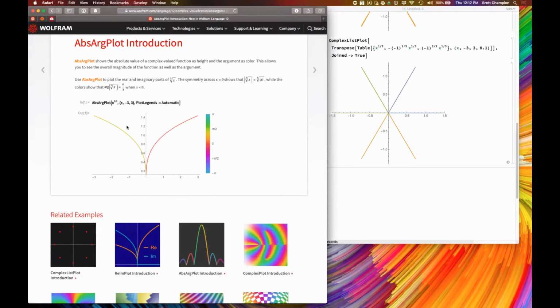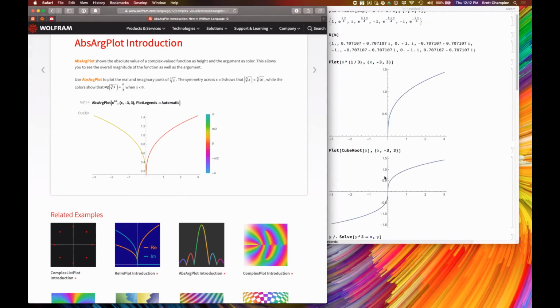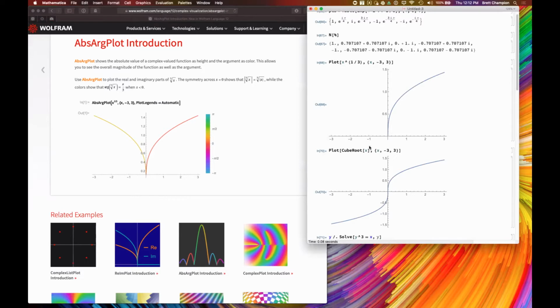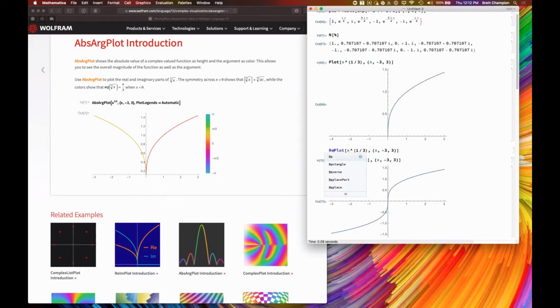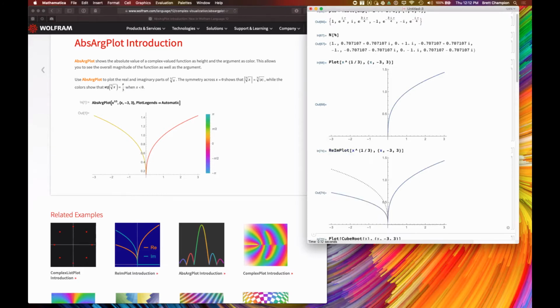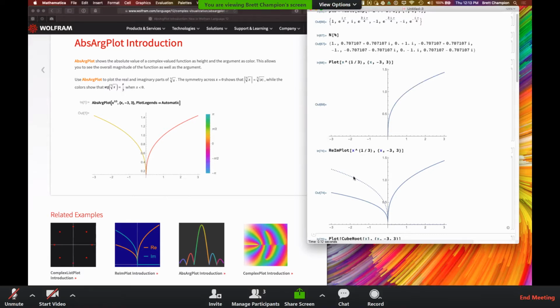And so here we have our third root of x again. And what this shows us wasn't necessarily as clear from the ReImPlot. So let me go ahead and get a ReImPlot up for comparison. And so here you see the real and imaginary parts, but it's not necessarily easy to see what happens when you combine the real and imaginary parts.